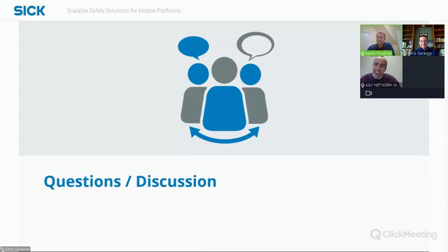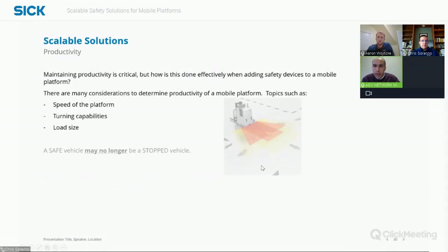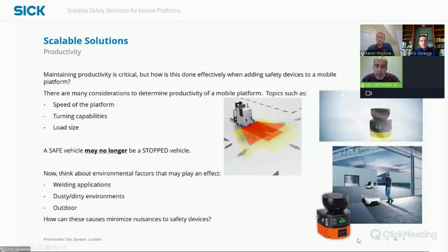Okay, no worry. And I just placed the last question, and it's regarding outdoor applications. Is there some standard that is focused or specific for outdoor applications, or do we just follow ANSI RIA R15.08 or the ISO 3691?